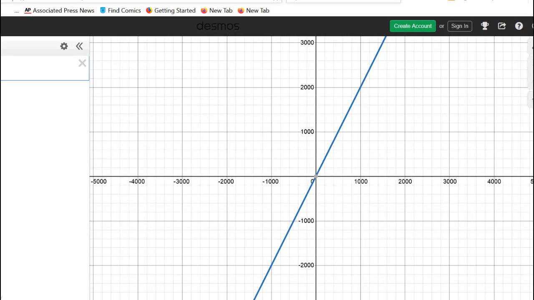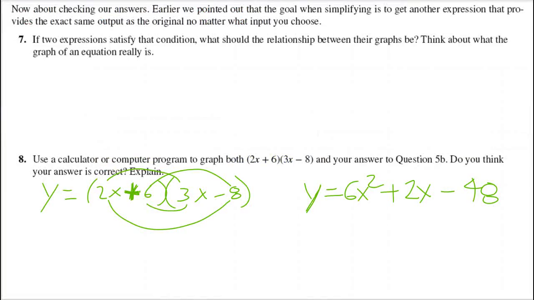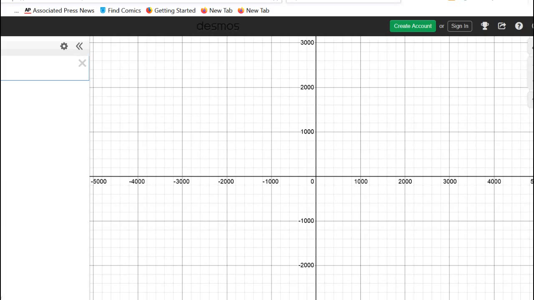So I've initially graphed y equals 2x plus 6, and Desmos doesn't make me put the times. I can just put the parentheses together. So I'm going to do parentheses and 3x minus 8. Whoop.